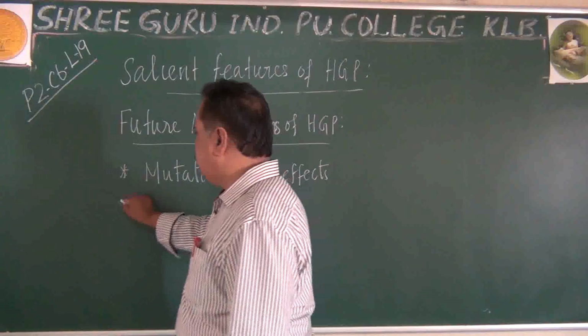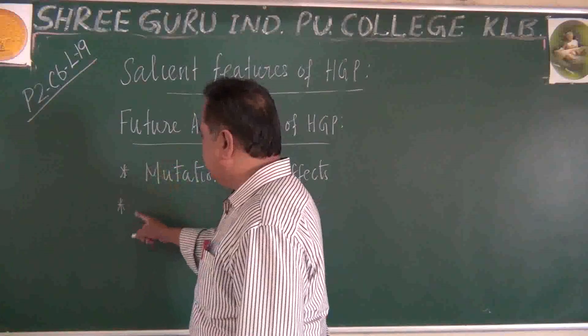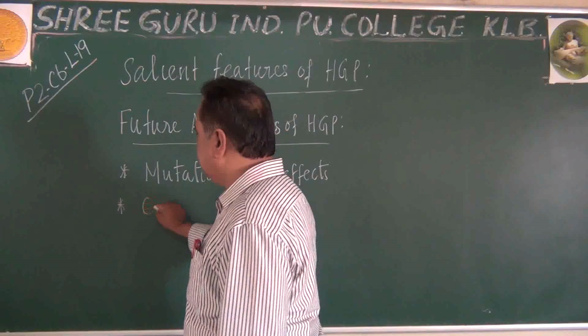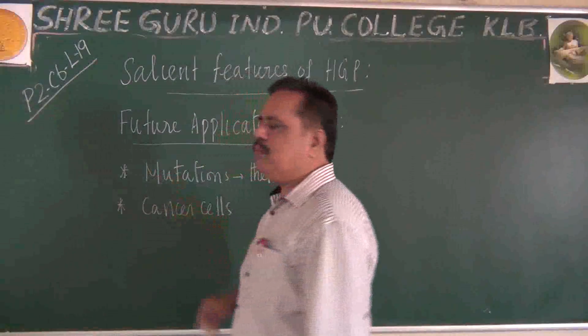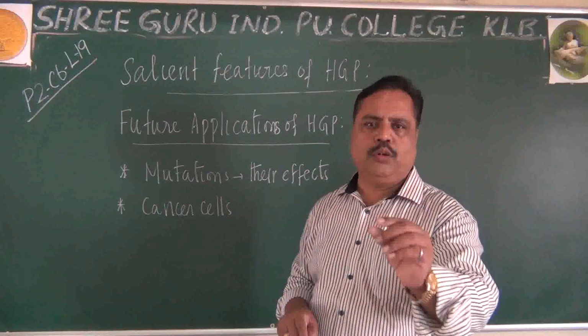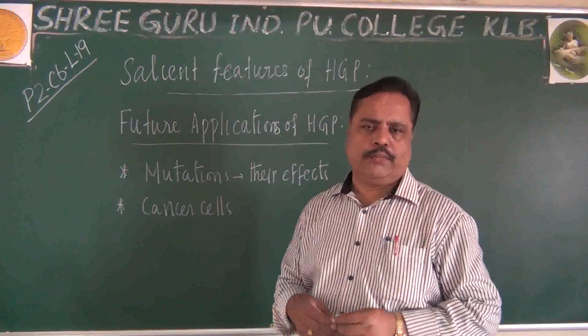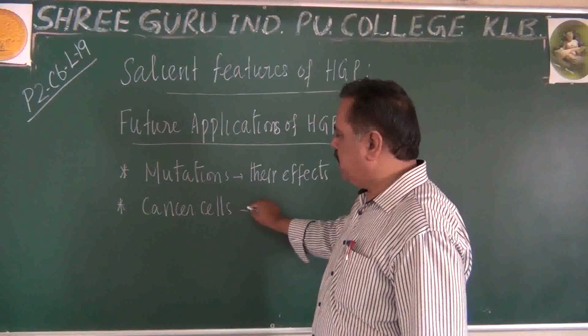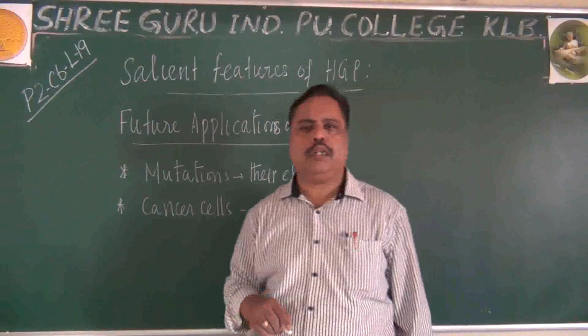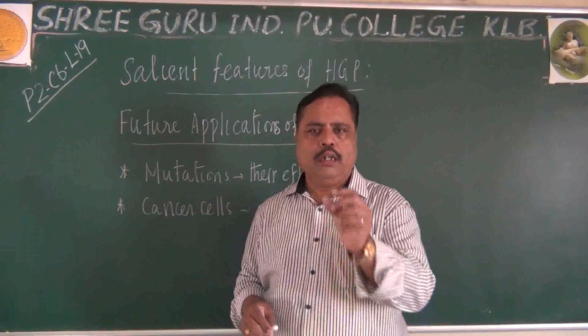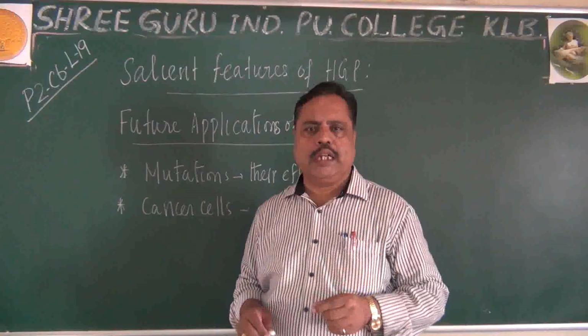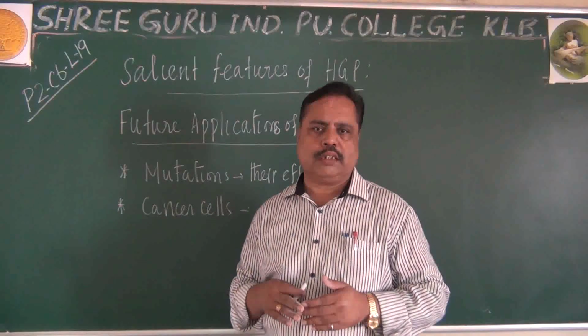When we come to another point, you can identify the behavior of cancer cells also. What is the modification of the genome present in a cancer cell? You know one interesting point, cancer cells have the ability to divide rapidly. Uncontrolled division of cells is happening in the cancer cell.